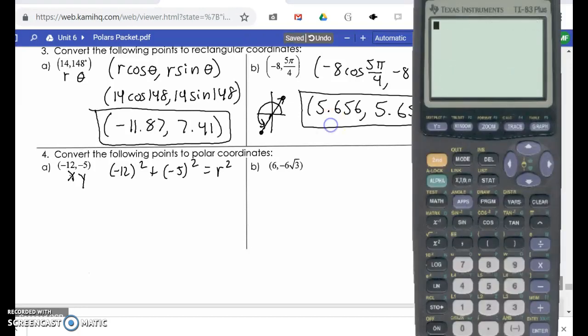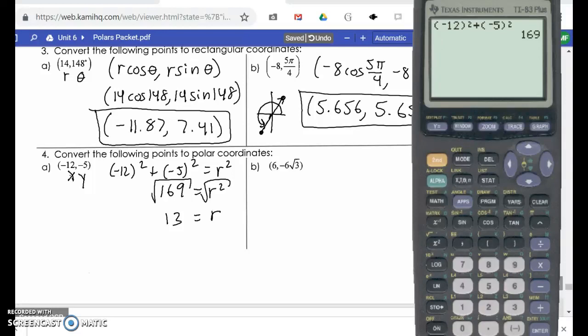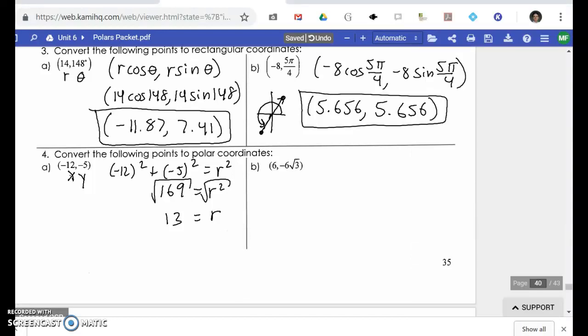So I'm going to very carefully type that into my calculator, negative 12 squared plus negative 5 squared, and that gives me 169. But I need to know what r is, so I'm going to square root both sides, and that's going to give me that r is 13. Show you real quick, square root of 169 is indeed 13. So now we have the radius.